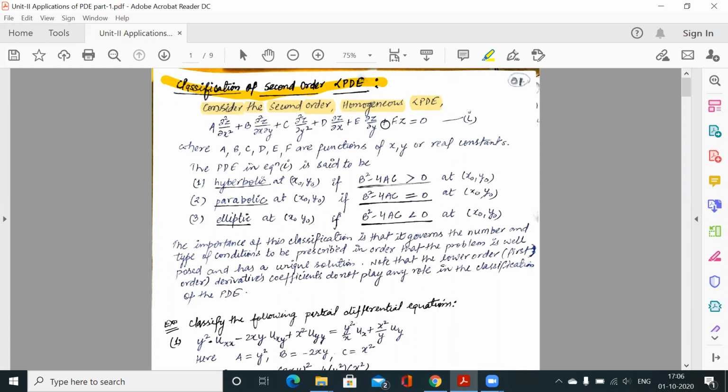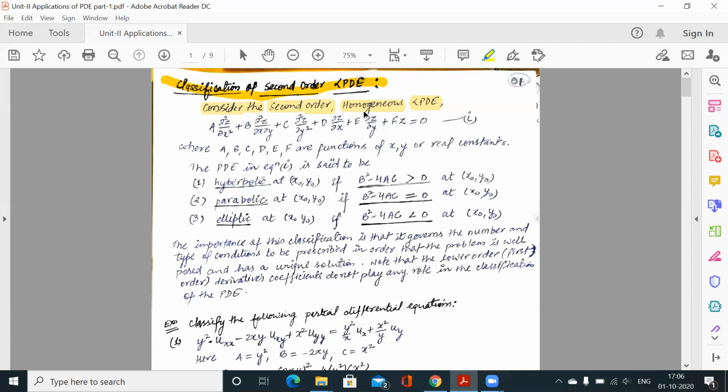Here I have mentioned the homogeneous term, but if it is not homogeneous, there is no problem, we can use the same process for classification. It is a second order LPDE, whether homogeneous or non-homogeneous. It does not matter to us because the classification process is the same.